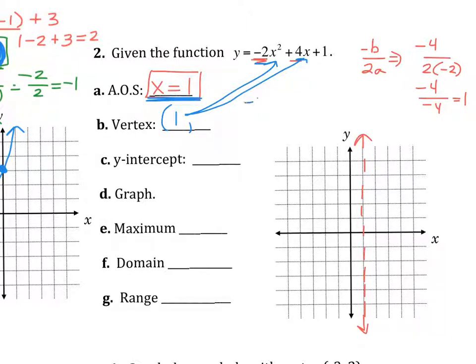So it's going to be -2 times 1 squared plus 4 times 1 plus 1. So 1 squared is 1 times -2 is -2. 4 times 1 is 4 plus 1. Okay, simplify that. -2 plus 4 is 2 plus 1 is 3. So your vertex is 1, 3. Plot it. 1, 1, 2, 3.